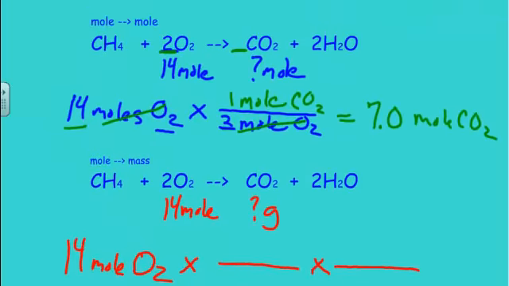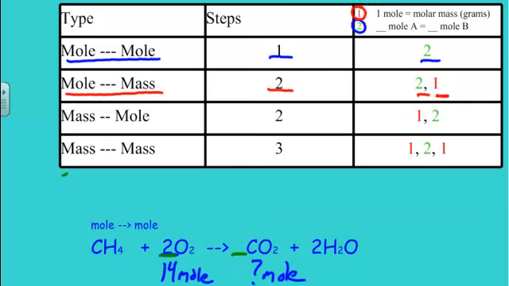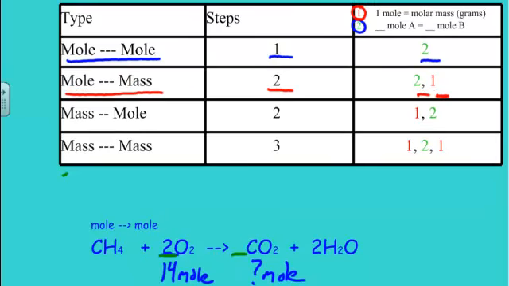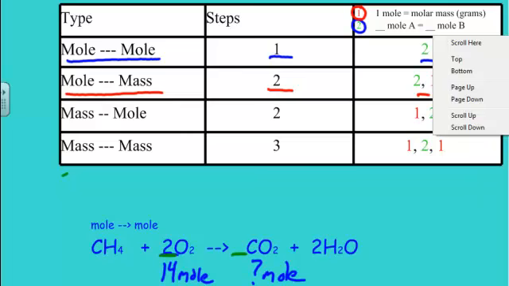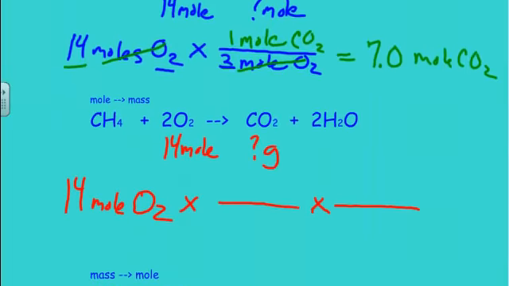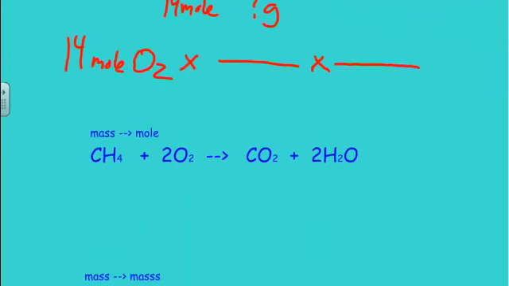Let's go back up to my boxes. You see it's a 2-step problem. And I'm going to use the mole ratio first. Now, the mole ratio, whenever we use it, will be mole on the bottom and mole on the top. What is the ratio between those 2?